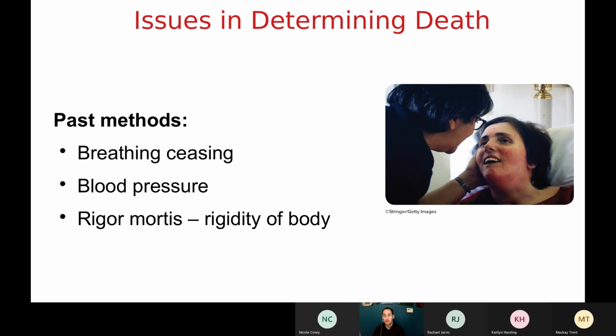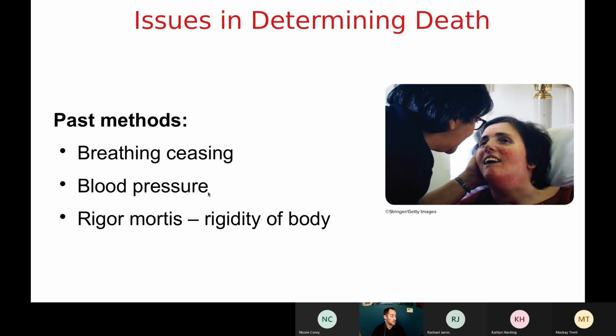Versus, you've probably had a CPR class, you know that even if breathing stops, a person's brain continues functioning, their body might still be functioning, and they might be able to be resuscitated through something like CPR. So that was at one point a definition of death, is when breathing stopped.